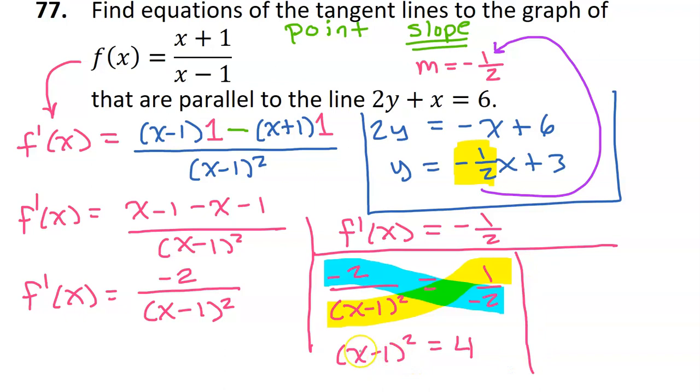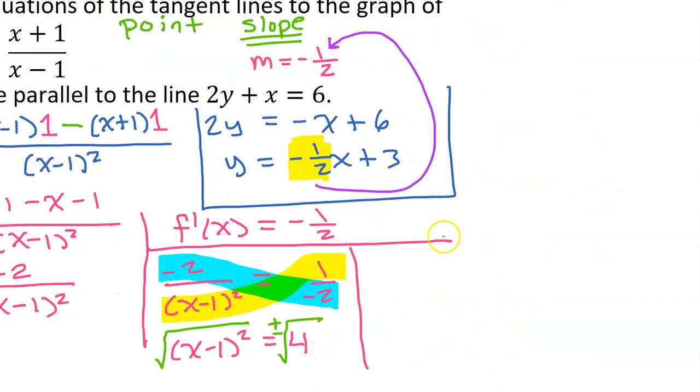So we can solve this by taking the square root of both sides. You have to be careful when you take the square root of both sides. The solution will be plus or minus. So don't forget that. So we will have x minus 1 is equal to plus or minus 2.